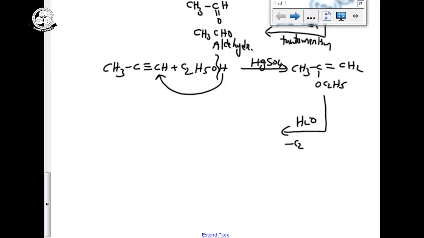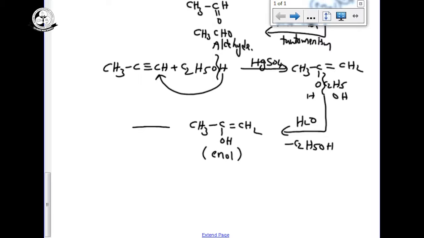So remove ethyl alcohol, C2H5OH. Here I am breaking OH, I write it on this side, and hydrogen I can add here. You can get CH3 C OH double bond CH. So this is the enolic form. We already know the enolic form is highly unstable. It is converted into the ketonic form.